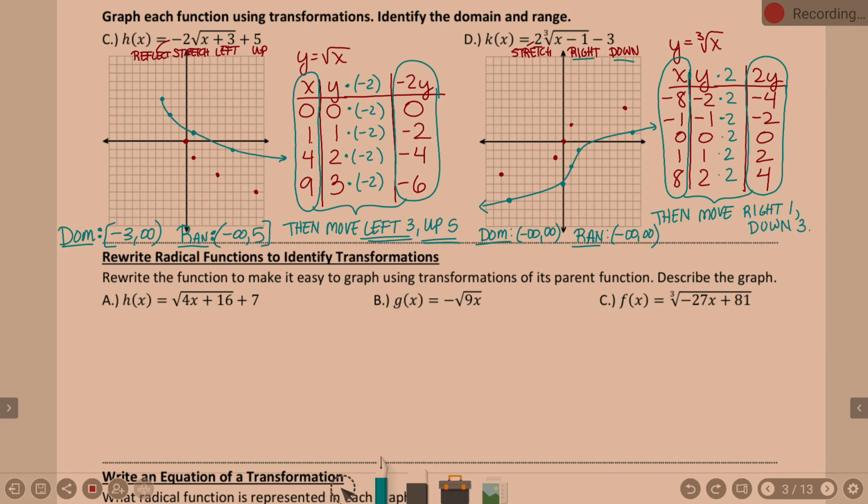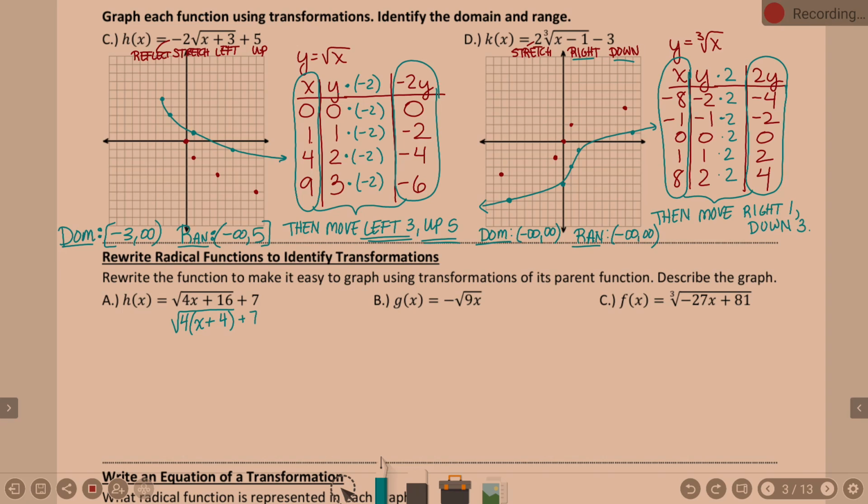Okay. 4x and 16 both have a GCF of 4, yes? So, okay, I'm going to take a step here. Think under that radical. If I factor that 4 out, I'm still under the radical. If I factor that 4 out and put 4, and then in parentheses, I would still have x plus 4, correct? Plus 7 is still just hanging out there. It has nothing to do with that.